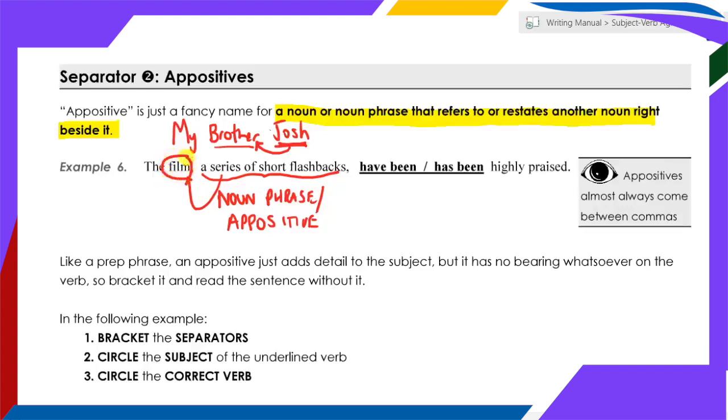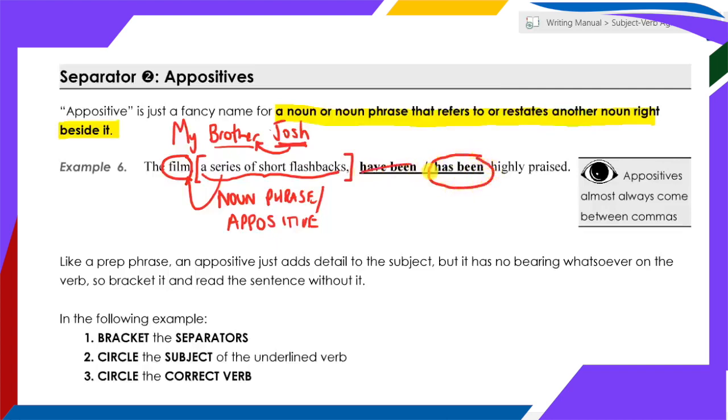This is the subject. The stuff that is in this appositive is separator. We can bracket the noun phrase, we can bracket the appositive, we reread the sentence: the film have been or has been highly praised. The film has been highly praised.